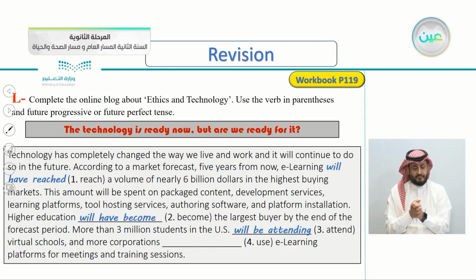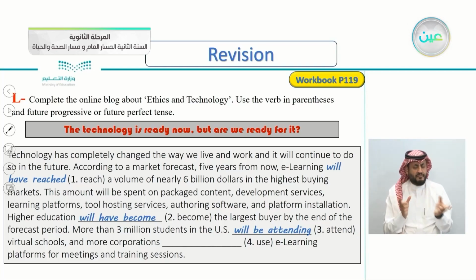We're not talking about two events. Virtual schools and more corporations use e-learning platforms for the meeting and training sessions. So, more than 3 million students in the US will be attending virtual schools, and more corporations use e-learning platforms for the meeting and training sessions.